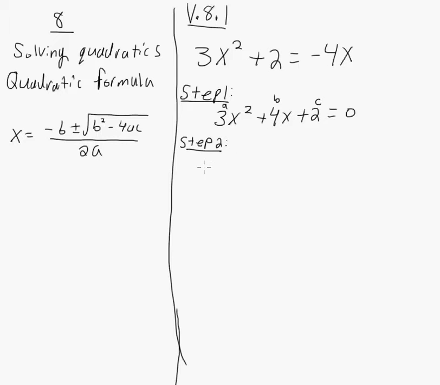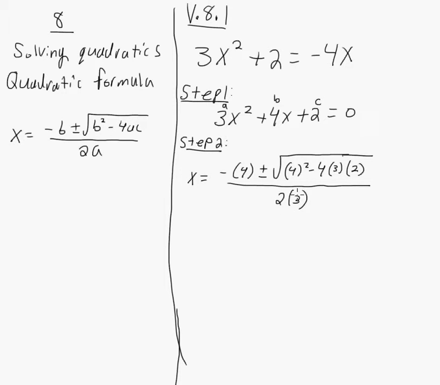Okay, so this is going to be x equals negative parentheses 4 plus or minus the square root of 4 squared minus 4 times a, which is 3, times c, which is 2, all over 2 times a, which is 2 times 3.